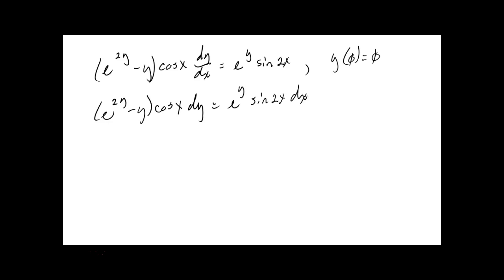That's written in differential form. Now, the book doesn't necessarily do this, but to me, this makes it easier to see and understand. Now we have your dy on this side, dx on that side. So let's get all the y terms with the dy and all the x terms over here with the dx.